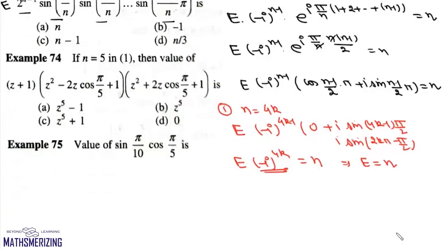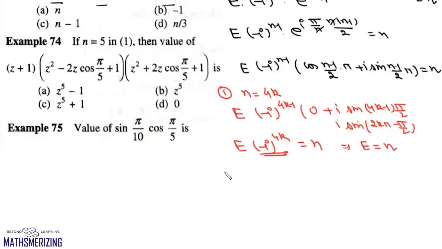Now we consider the second case when n is of the form 4k + 1. Then we'll get E into (−i), and if we put n as 4k+1, we'll get (−i)^(4k) into, now here it will be cos 2π + i sin 2π, which is 1, and it will be equal to n.